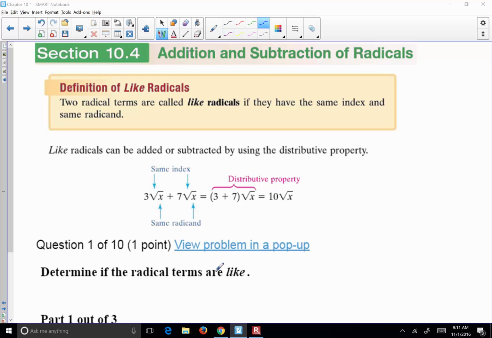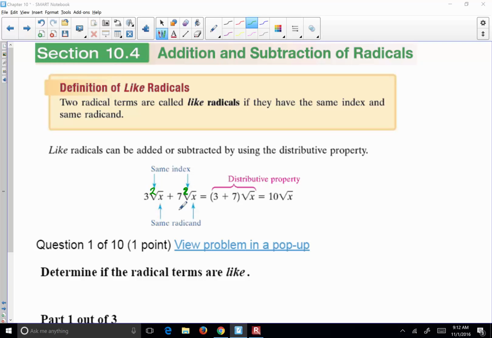You can't simply add any 2 prisons or 2 radicals together. There is a special requirement. That requirement is that the type of the prison must be the same and the prisoners inside must be the same. What do I mean by type of prison? Type of prison is determined by the index, this number right outside.